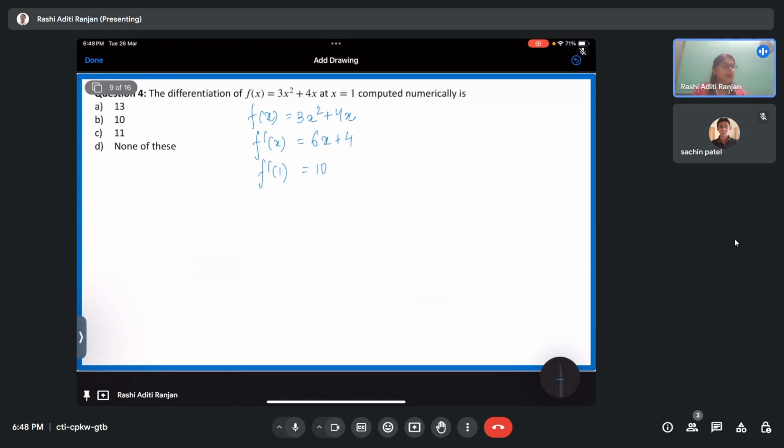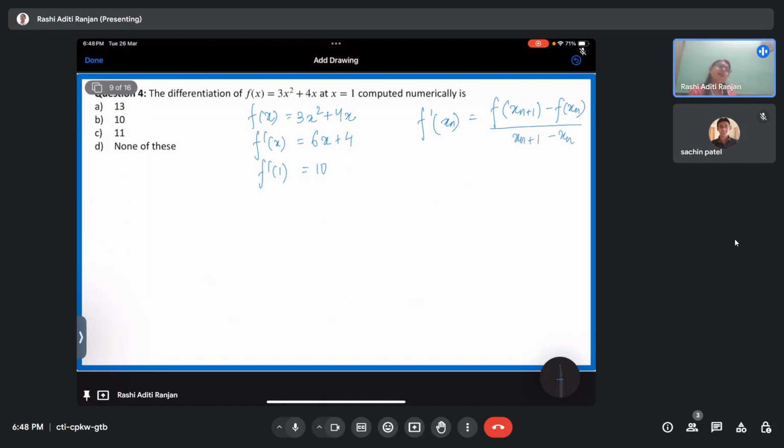So if you remember, the numerical technique says that f dash at xn is given as f at xn plus 1 minus f at xn divided by xn plus 1 minus xn.